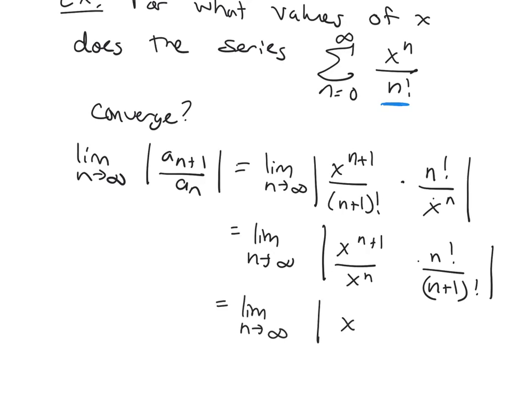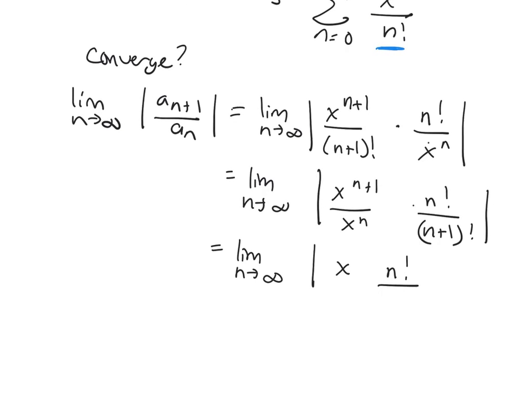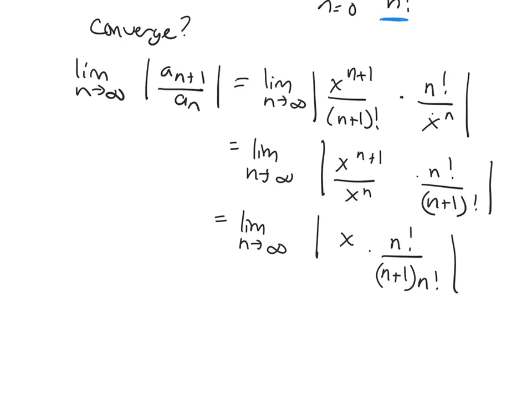And then here we simplify like we did before. You write n plus 1 factorial as n plus 1 times n factorial, and now the factorials will cancel. So you're left with x times 1 over n plus 1.